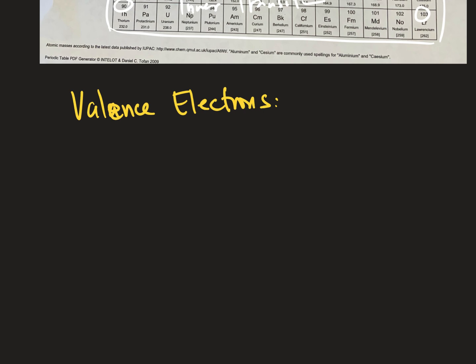On the outside, right? So the electrons in the outermost shell or energy level. Good? And this is why lithium, sodium, potassium, rubidium, cesium all have similar properties, because they all have one valence electron. Good?